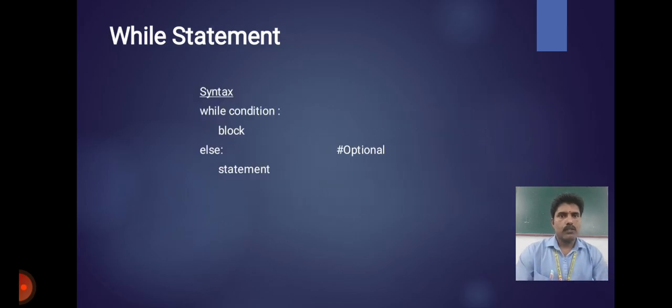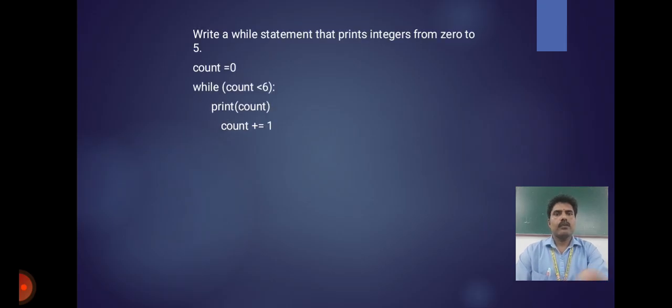This is the while statement: while condition, the block of code will run, else the other statement is printed. Now write a while statement that prints integers from 0 to 5.